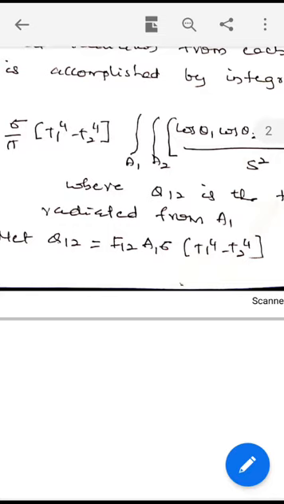Geometry and relative position of the two bodies are taken into account by the term shape factor F12, other than T1 and T2.